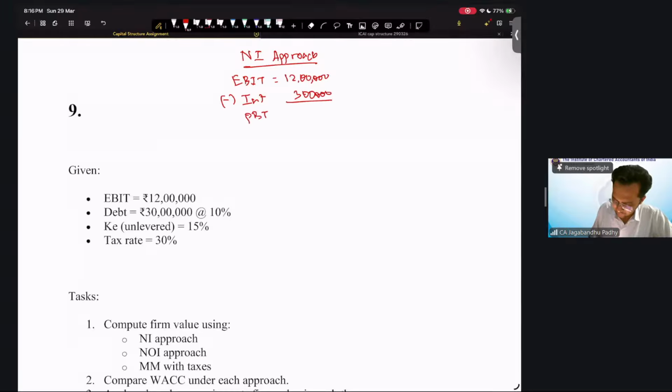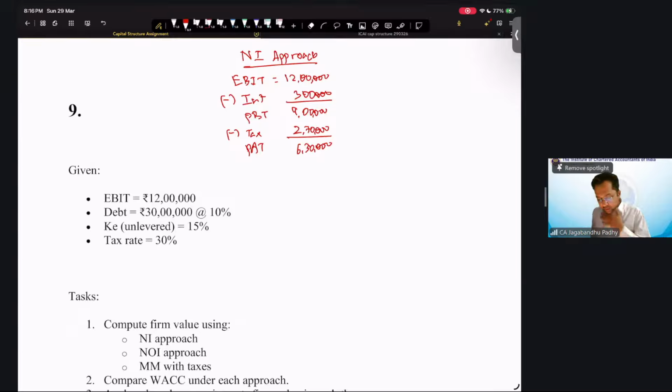And we are left with PBT of 9 lakhs. From that, we subtract tax at the rate of 30%, which is 2 lakh 70,000. Then we have the profit after tax as 6 lakh 30,000.